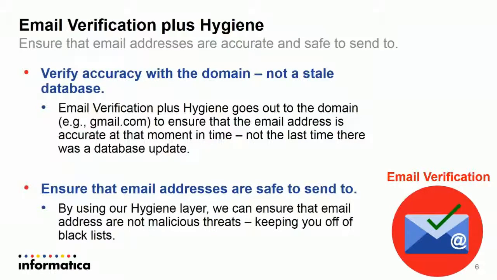with Cheryl. First, our email verification is just a little different than what you'll find from most verification products. Our email verification is going to go out to the actual domain in real time to validate that the email address is accurate at that moment in time. So instead of going out to a stale database that might have gone out of date 2 months ago, we're going out to Gmail and saying, hey, is thomas.brents@gmail.com, is that an accurate email address?